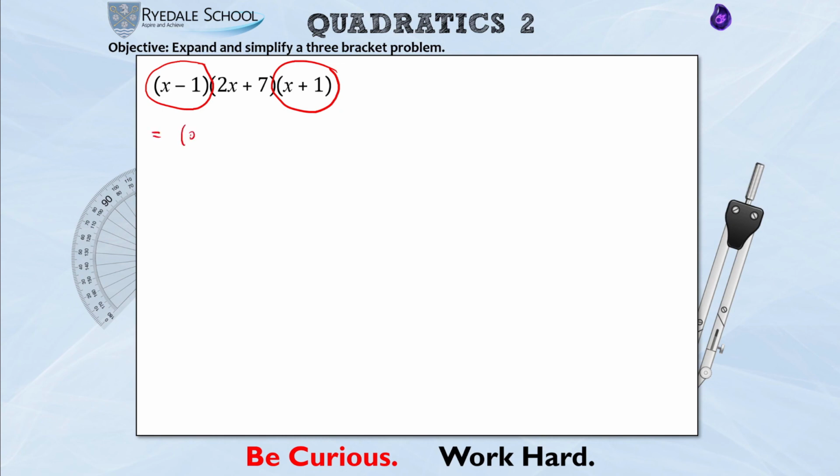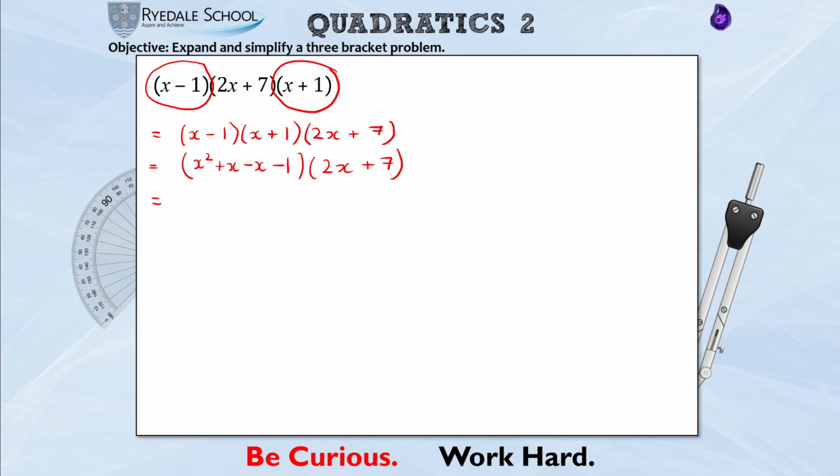So if I just change the order of this and choose to do it in this order instead, I multiply out these brackets first, and I end up with x squared, outers are plus x, inners take away x, and lasts are minus 1.